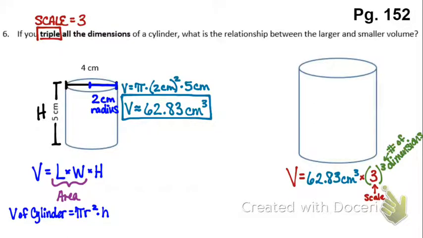All right, so I want you guys to do that for me now. Multiply that volume that we originally came up with by 3 cubed to find the new volume.